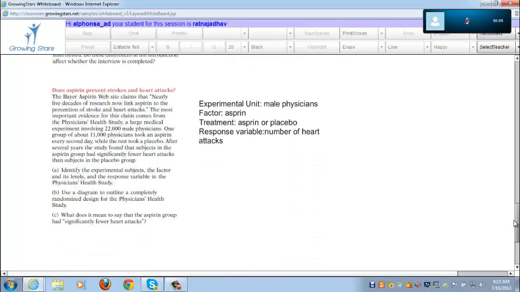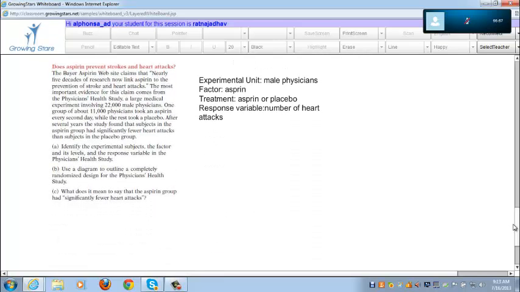Start by a random allocation, then divide them into two groups. Group 1, 11,000 physicians. Group 2, 11,000 physicians. Then to one group apply aspirin, to another group apply placebo. Then compare the responses.